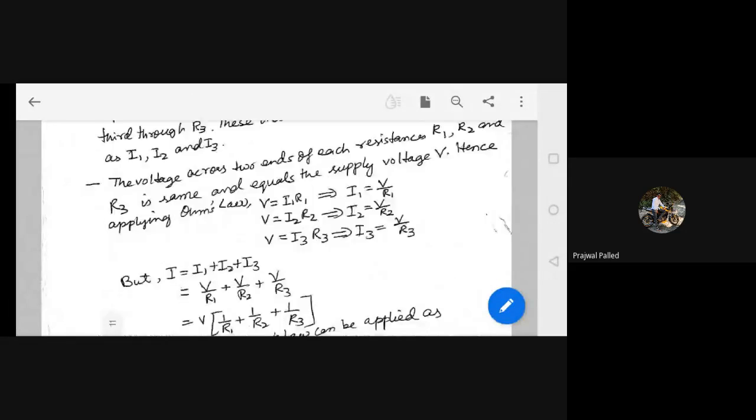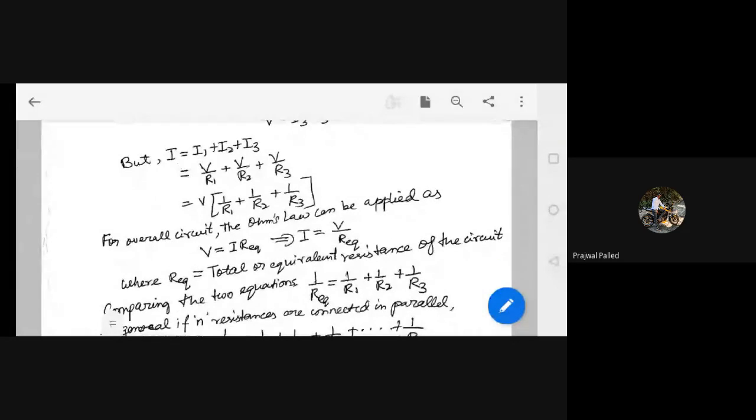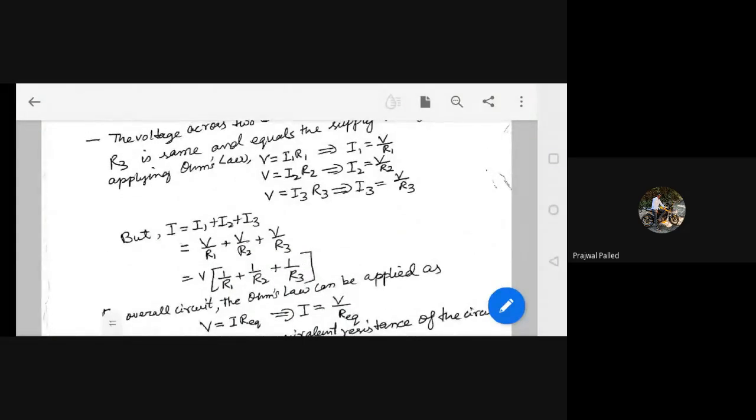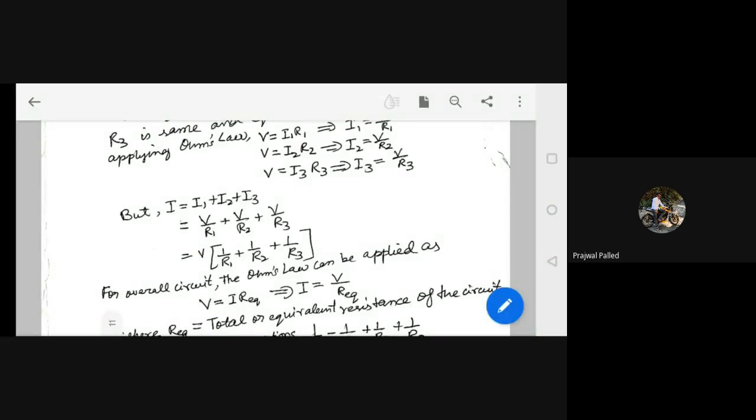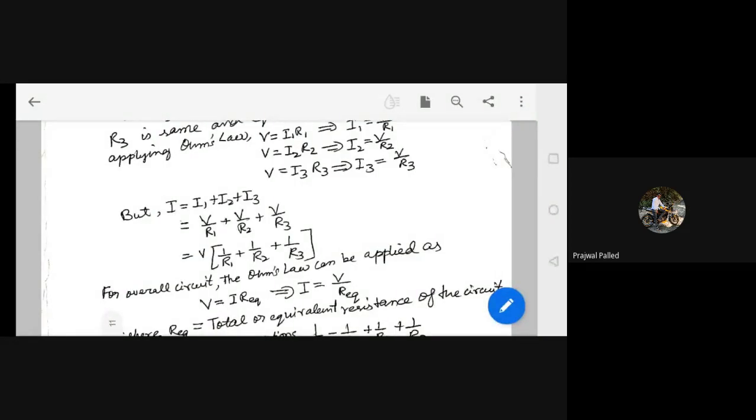So capital I equals I1 plus I2 plus I3, where I1 equals V by R1, I2 equals V by R2, I3 equals V by R3. Putting these values, we get I equals V into the bracket 1 by R1 plus 1 by R2 plus 1 by R3.